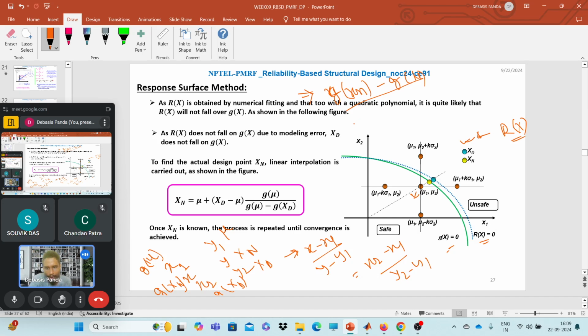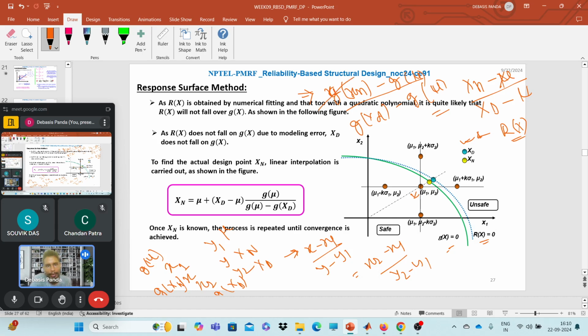So x2 is g of xd minus g of mu, is equal to, here you need to provide y minus y1 divided by y2 minus y1. So xn minus mu divided by xd minus mu. Now solve it.